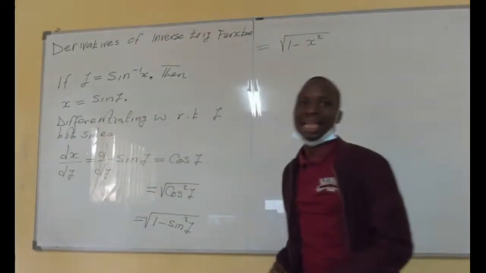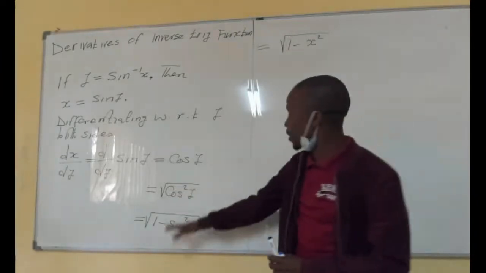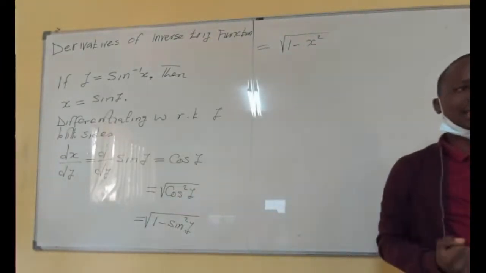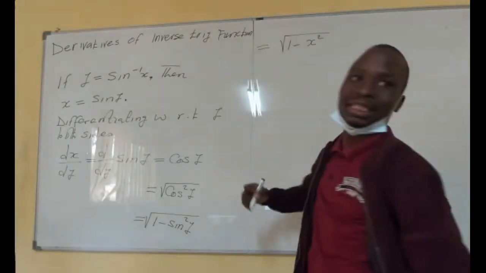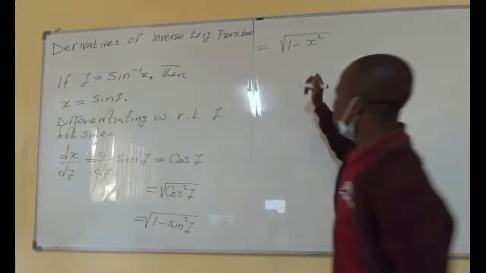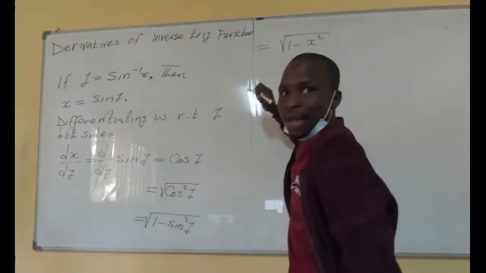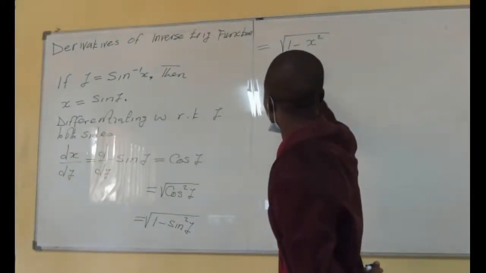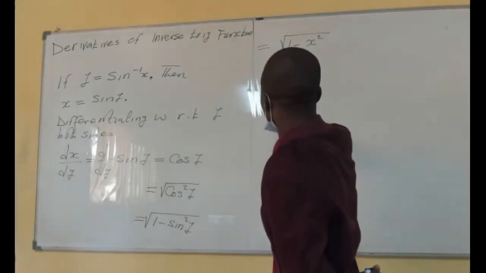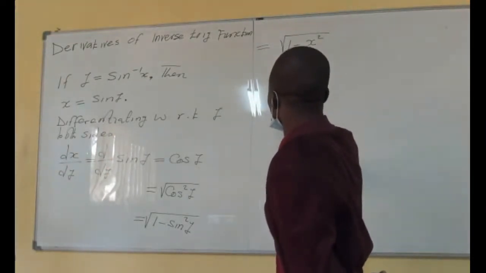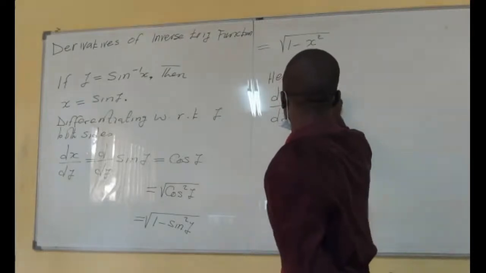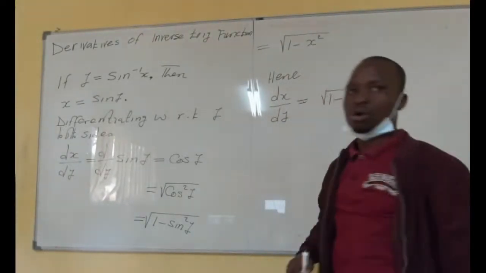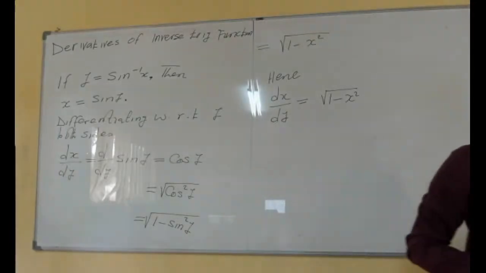After doing that, I think this is where we ended yesterday. So the derivative of x with respect to y is just equal to the square root of 1 minus x squared.